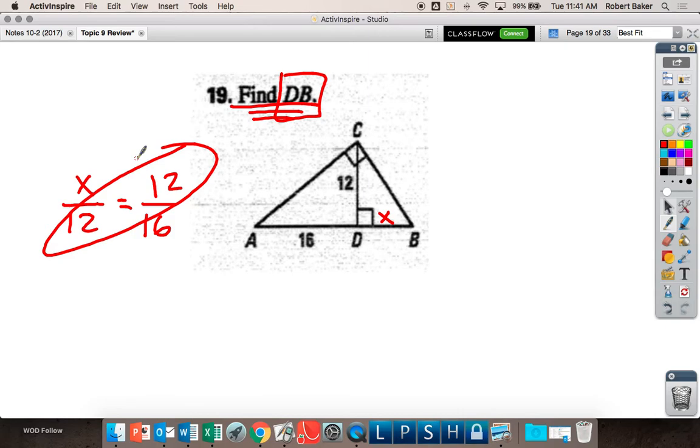Cross multiply and solve. 9. Pretty sure it's 9. Yeah, it is. It is 9. Good.